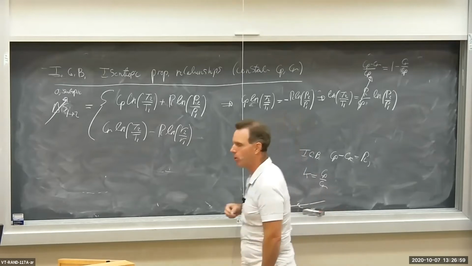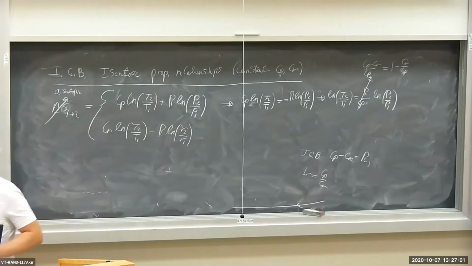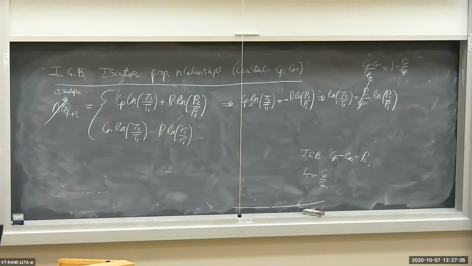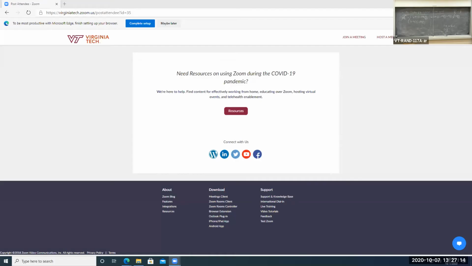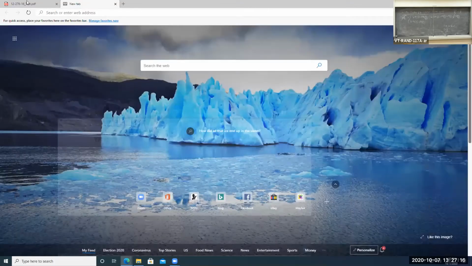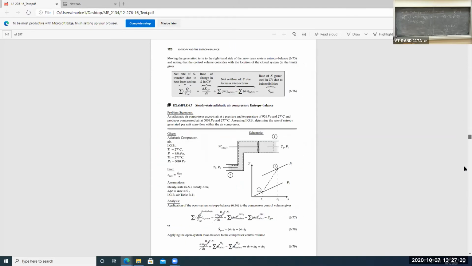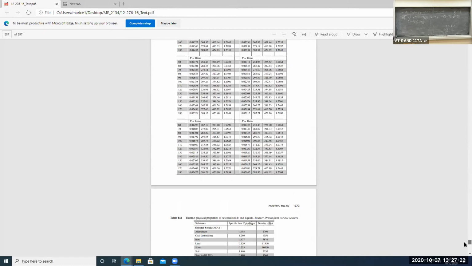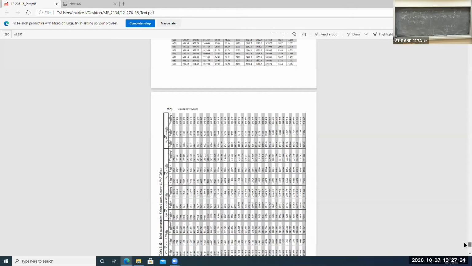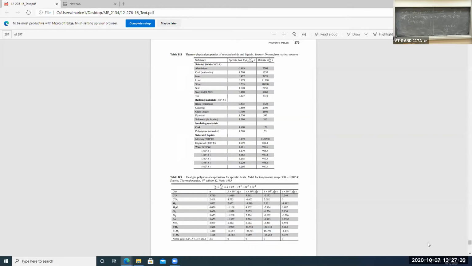We talked about this a while back, but let me remind you, we have a symbol, a quantity that gives you the ratio of specific heats. Let's go to the ideal gas tables, and I'll remind you where k is shown.